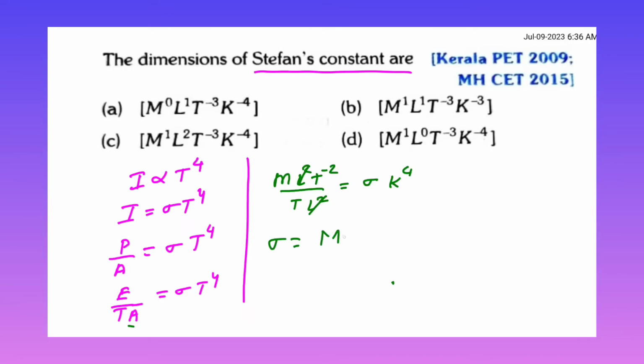Sigma is equal to M. L is not present, L power 0. This T goes to the denominator, becomes T power minus 3, and this Kelvin goes this side, becomes K power minus 4. So this is going to be our dimensional formula for Stefan's constant.